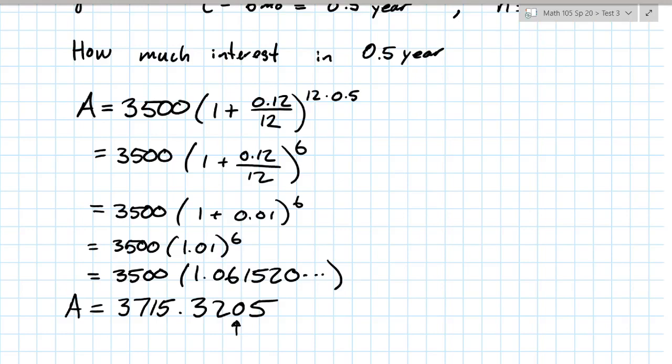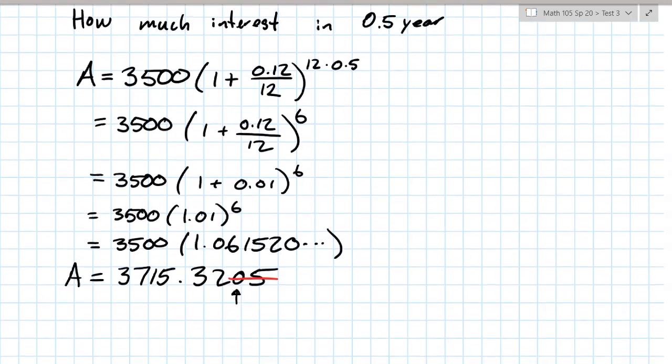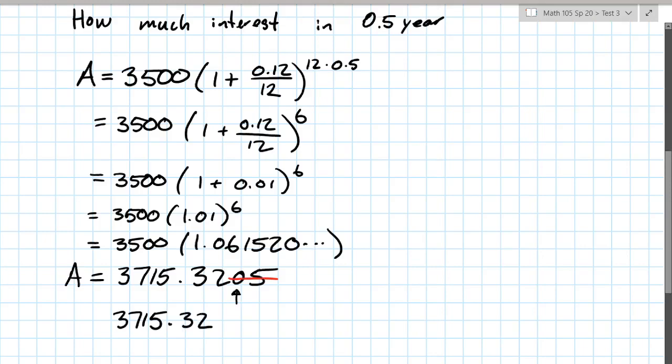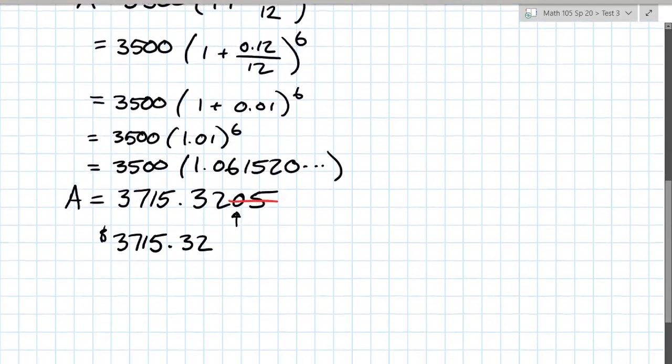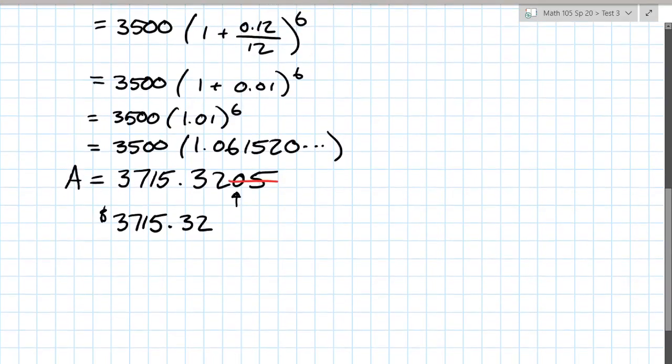Since it's 0 through 4, we can just drop those decimal places, and the amount of money we owe is $3,715.32.